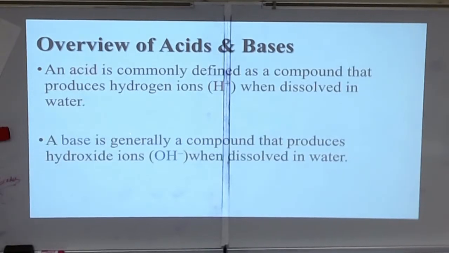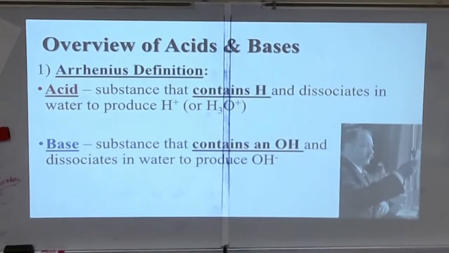Okay. An acid is commonly defined as a compound that produces hydrogen ions when dissolved in water. And a base is a compound that produces hydroxide ions when dissolved in water. The Arrhenius definition is what you need to put in: an acid contains hydrogen and dissociates in water to produce hydrogen ions.